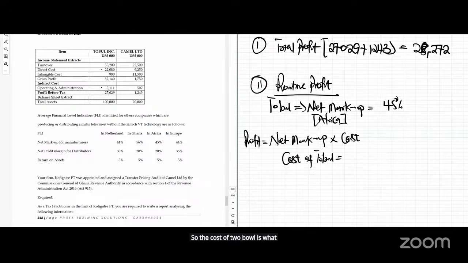So the cost of Tobo is what? He had direct cost of 22,080 plus operating and administration of 5,111. That's 27,191. So in that case, what's the routine profit?